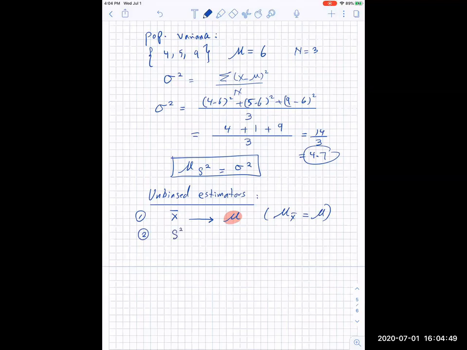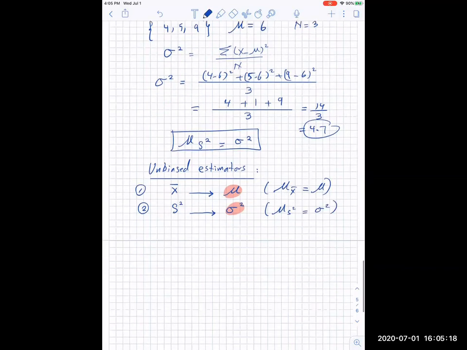Sample variance is a statistic that targets the population variance. So we have a statistic that will lead us to a population parameter. Again, we showed that the mean of the variances is the population variance.